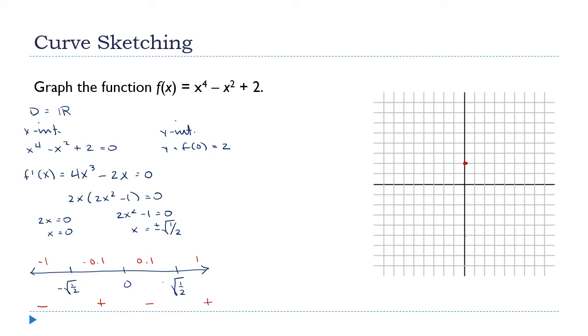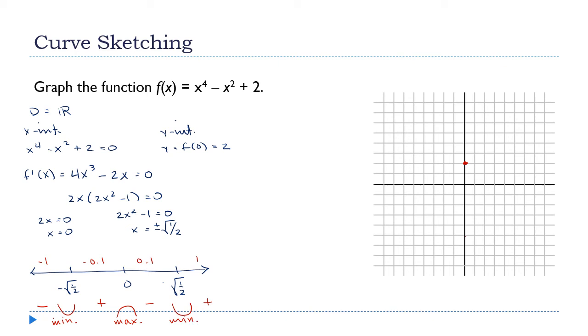So this is decreasing and then increasing. So there's a minimum at negative square root of 1/2. Then it increases and decreases. So there's a maximum at my y-intercept. And then it does the reverse again, decreases and increases. So here we have a minimum.